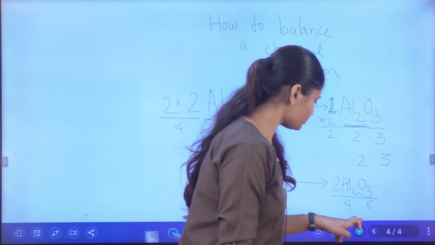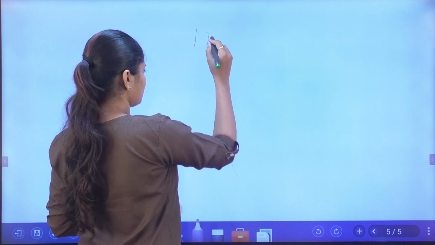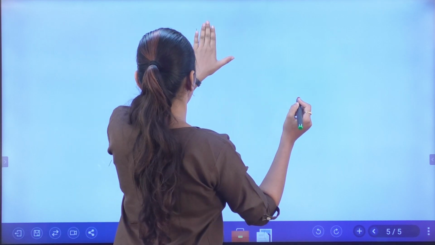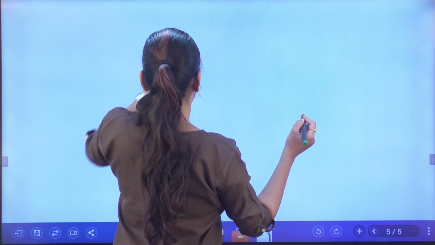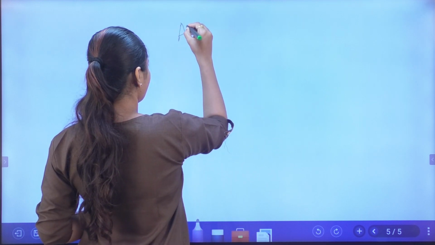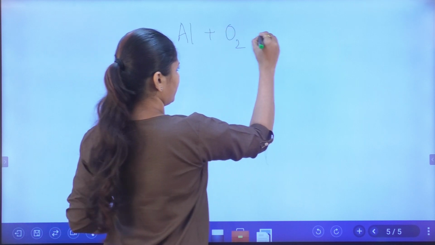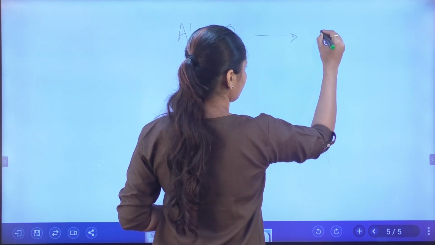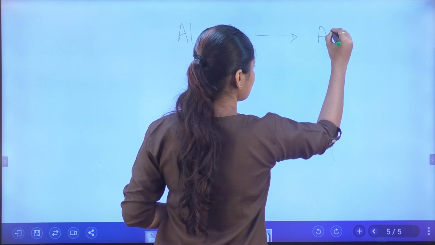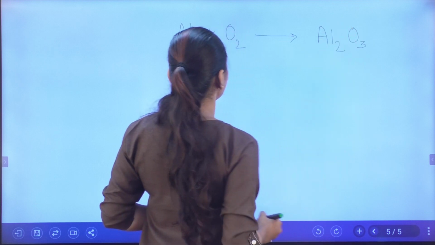Let us take the same example, that is, aluminium reacting with oxygen, and the product formed will be Al2O3.